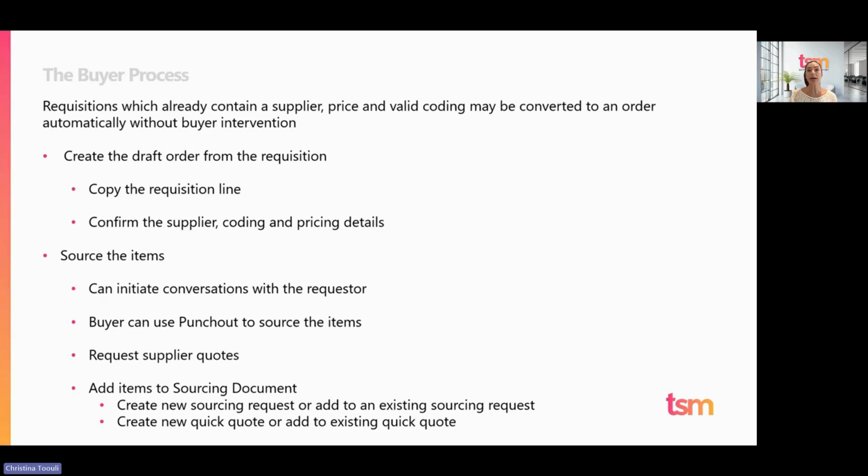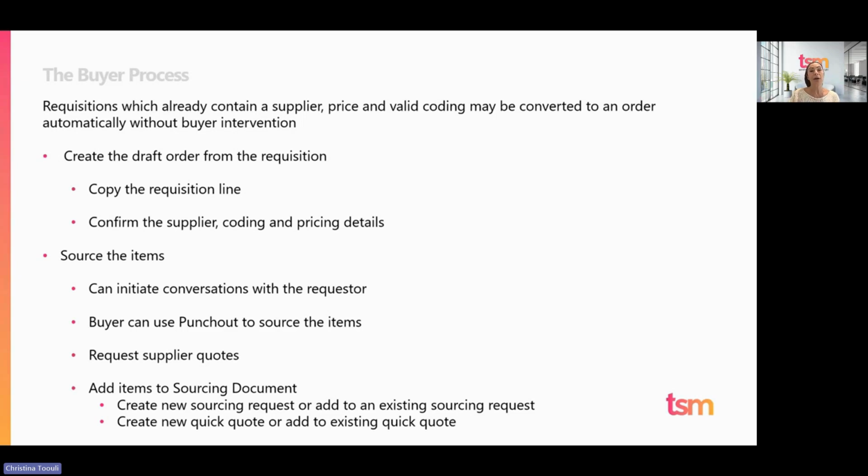It can be as simple as the user raises a request, they click submit. If it's got coding and it's got a valid supplier and it's got valid prices, it can go straight through and become a purchase order automatically. The items that are on the requisition will control how streamlined it can be. So you can set certain items to require intervention by the buyer.